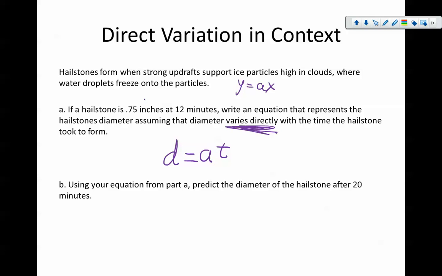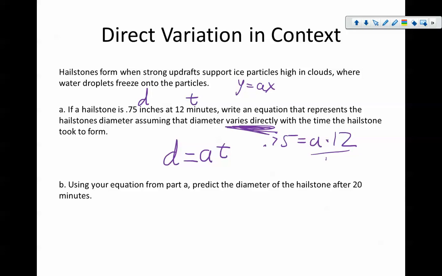Well, notice that they give us a diameter and they give us a time. So we're going to plug those numbers in. 0.75 equals A times 12. And since we have this equation now, I can simply solve that equation to find the constant of variation. And once I have that, I can write out my equation here.